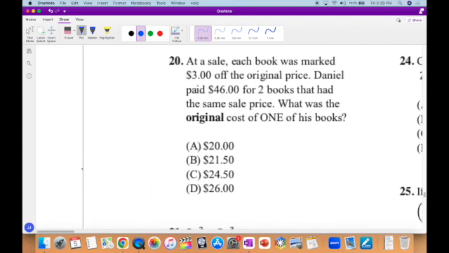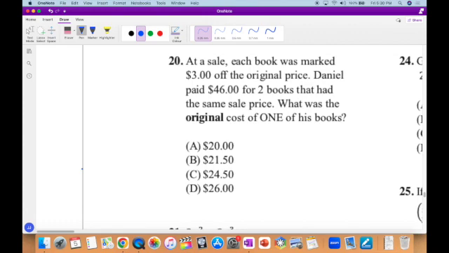At a sale, each book was marked $3 off the original price. Daniel paid $46 for 2 books that had the same price. What was the original cost of one of the books?